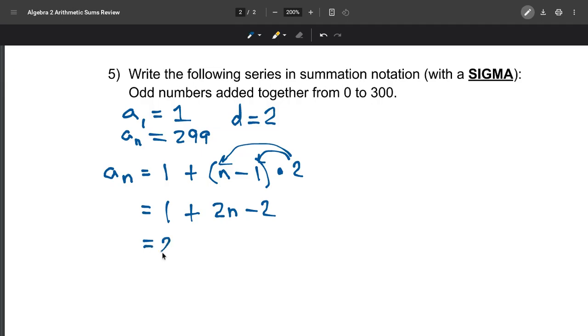So it's going to be 2n minus 1 is a sub n. So that's the expression we're going to use. So if we want to draw our sigma, we're going to start at n equals 1. The expression is 2n minus 1.